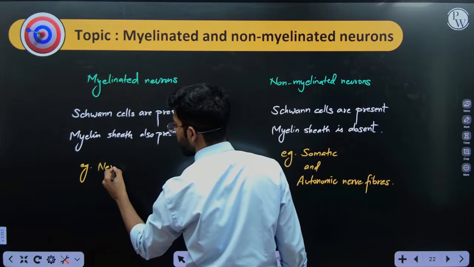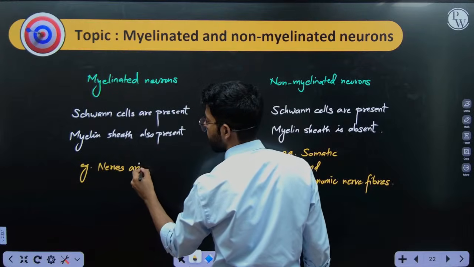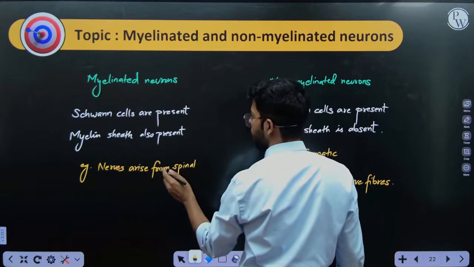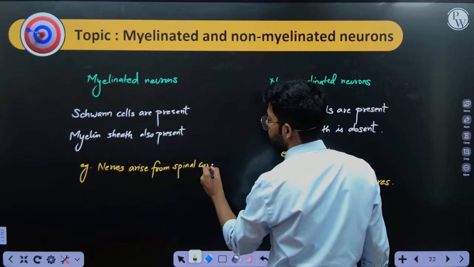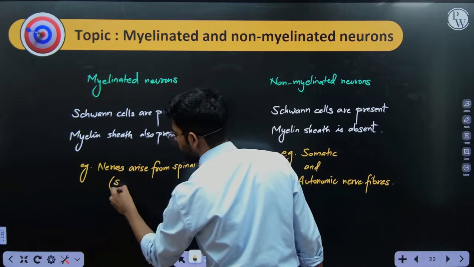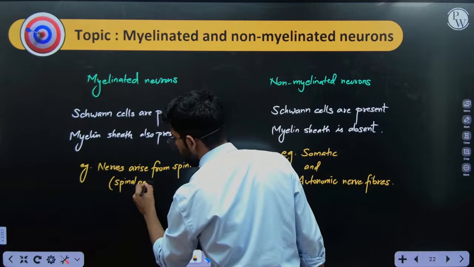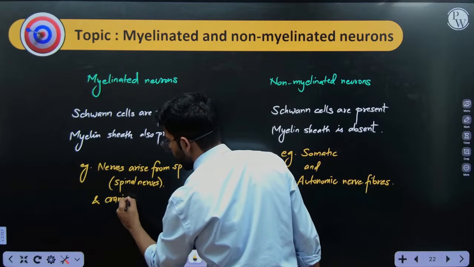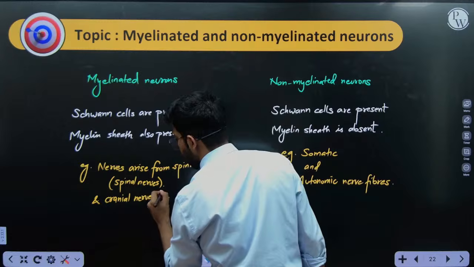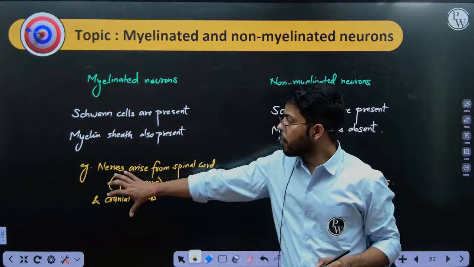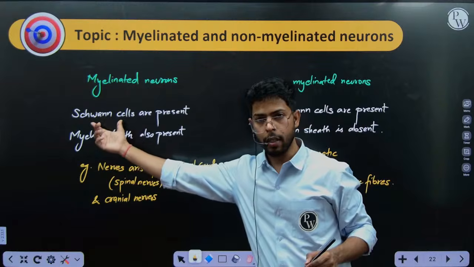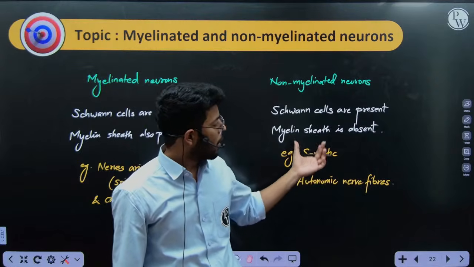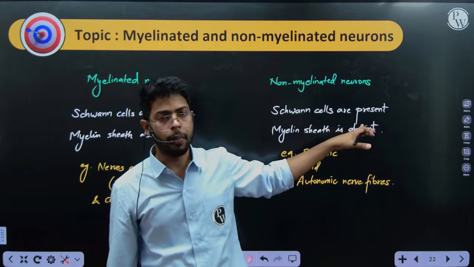The nerves that arise from the spinal cord, that is spinal nerves, and cranial nerves. So in these nerves, the myelin sheath is also present along with the Schwann cells. But in these nerve fibers, the somatic or autonomic, the myelin sheath is absent and Schwann cells are present.